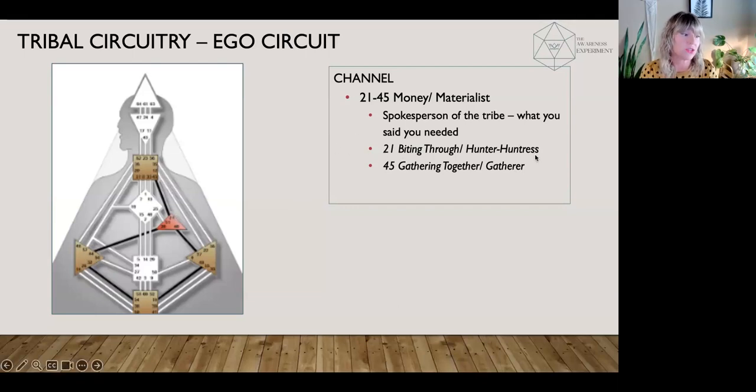21 is the huntress, the hunter or the huntress biting through it. If someone has the 21, they're going to want to be in control of their relationships, of their money, of their job, of their entrepreneurial endeavors.